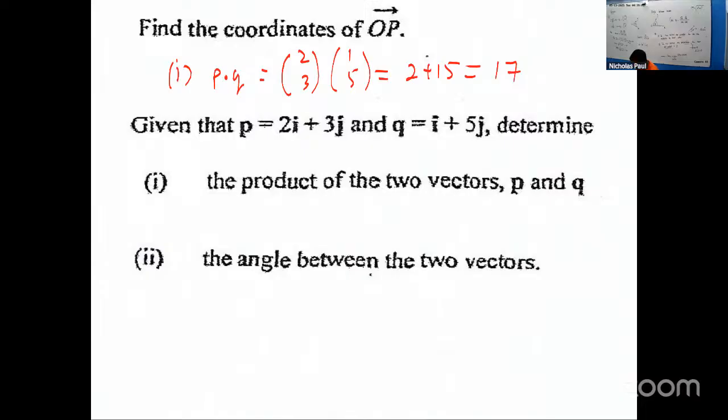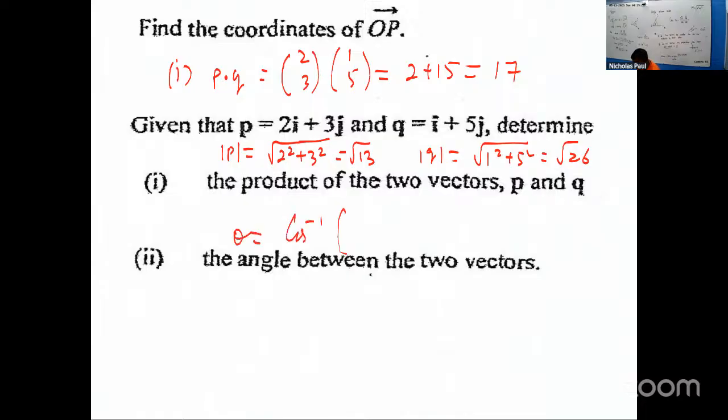And then the magnitude of P is the square root of 2 squared plus 3 squared, 9 plus 4 is 13. And then the magnitude of Q, square root of 1 squared plus 5 squared, square root of 26. So the angle will be cosine inverse of 17 over root 13, root 26.